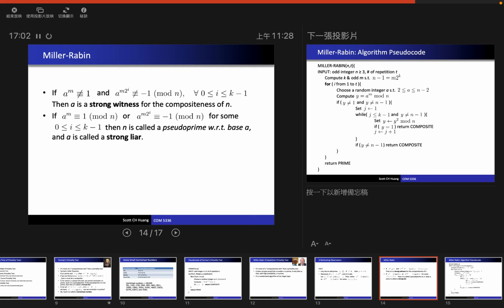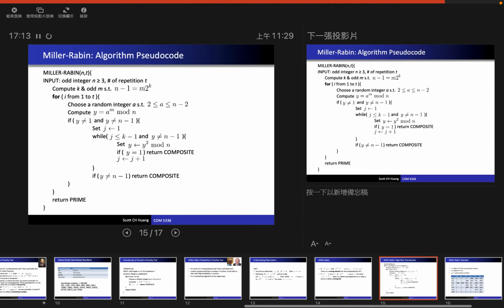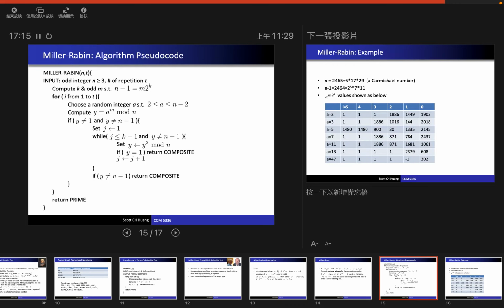What's different from Fermat's test is that Miller-Rabin theoretically analyzed the number of strong liars, and you can show that the number of non-liars is at least 1/4 of n, which is huge. So there are not too many liars there. Let's take a look at the pseudocode.